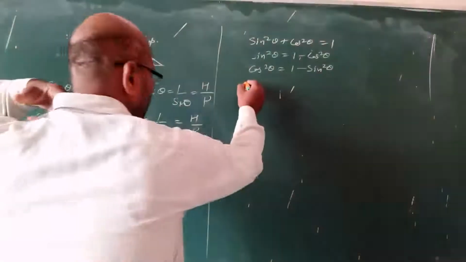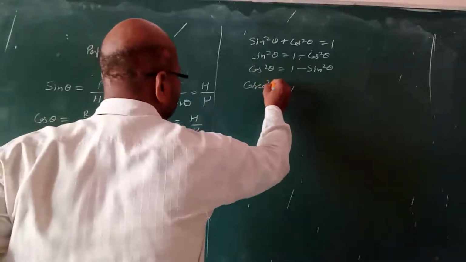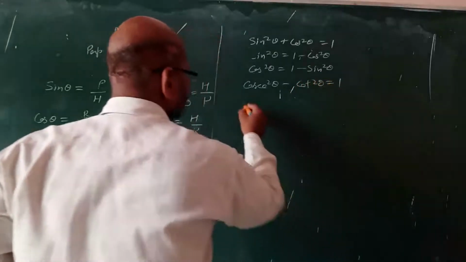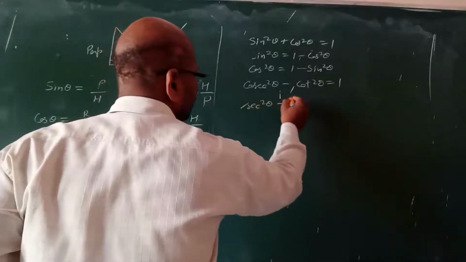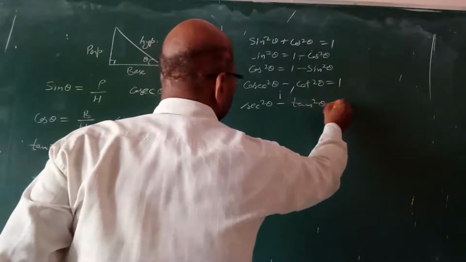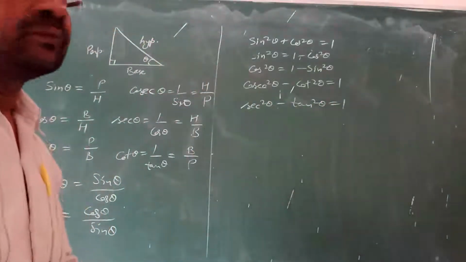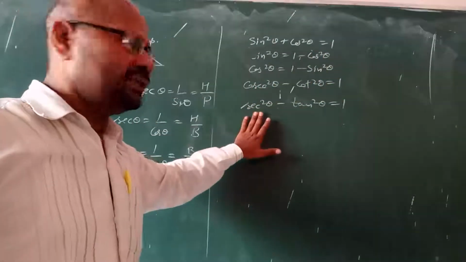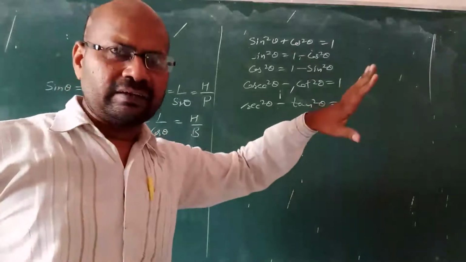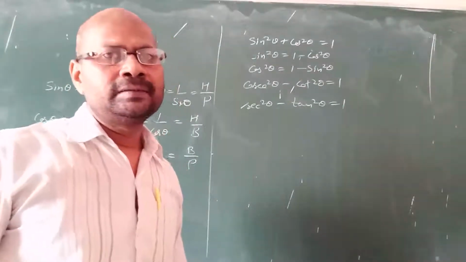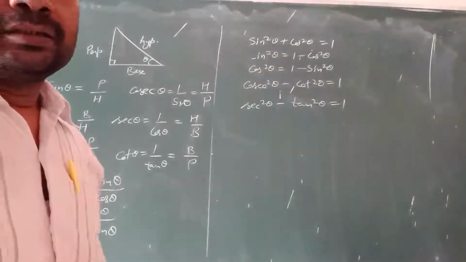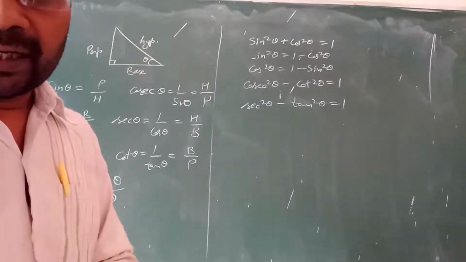Another is cosec square theta minus cot square theta equals 1, and sec square theta minus tan square theta equals 1. So cosec square theta equals 1 plus cot square theta, and sec square theta equals 1 plus tan square theta. You can make other formulas for your convenience.